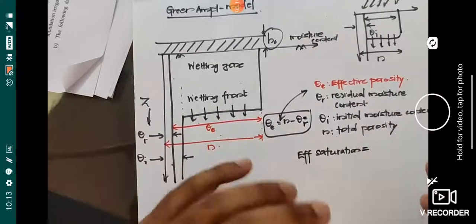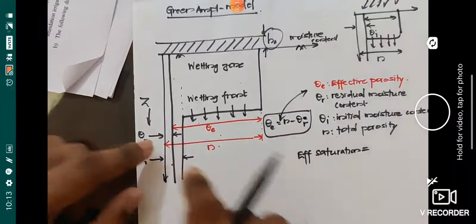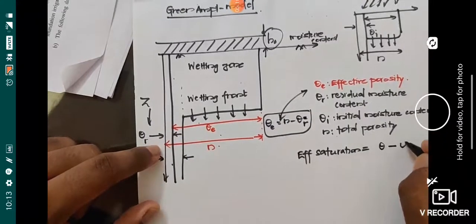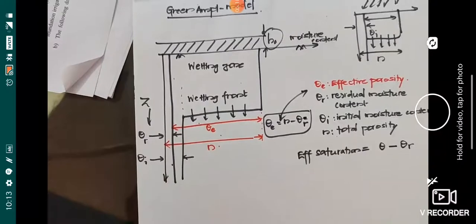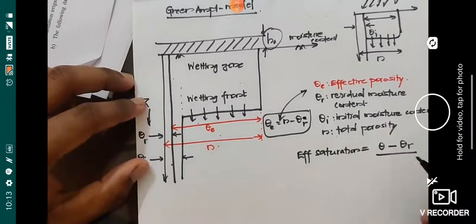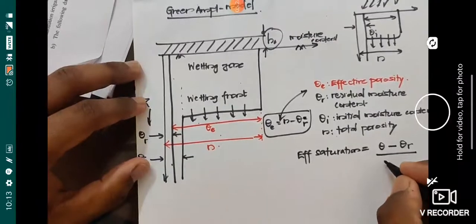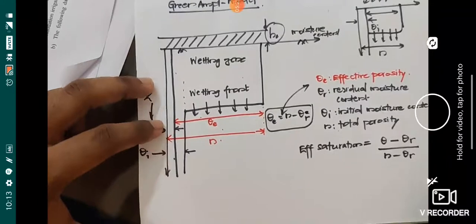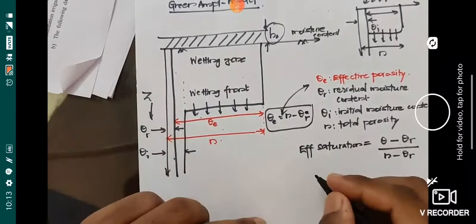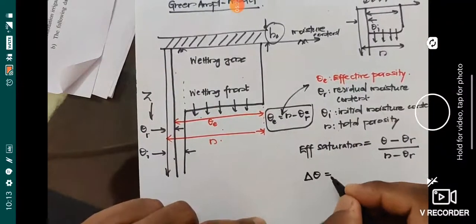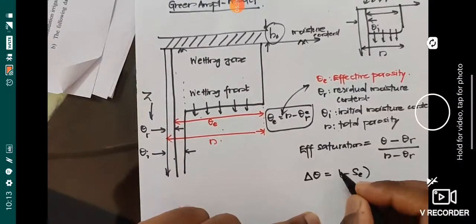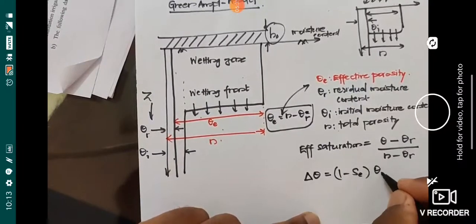Saturation means the water that is actually there. The total water at any time is theta minus theta r, the residual water. That's the effective water it can hold at any time. And the maximum we can have is the effective porosity, which is n minus theta r. From this equation, if you rearrange, the moisture deficit, delta theta, is given by (1 minus Se) times theta e.